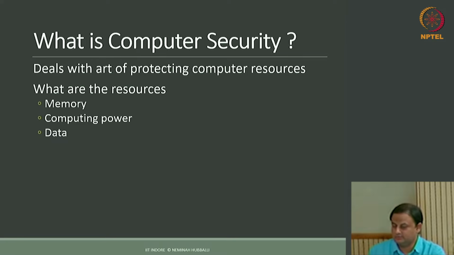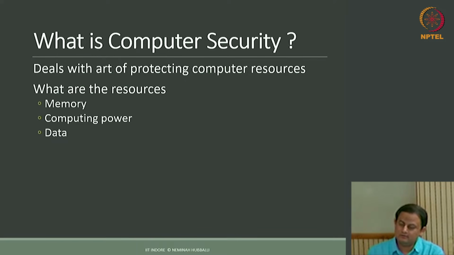And then of course the third component, which is the data. Those are all my resources. If I am coming up with a protection mechanism, I want to protect these three resources. The quantum of the resources, memory and computing power, can vary from device to device, and the amount of data and how critical the data is may also vary.